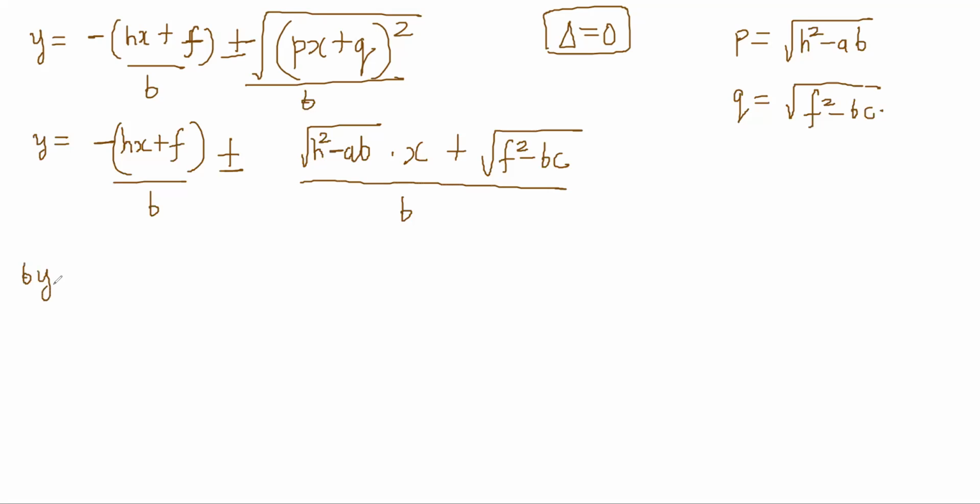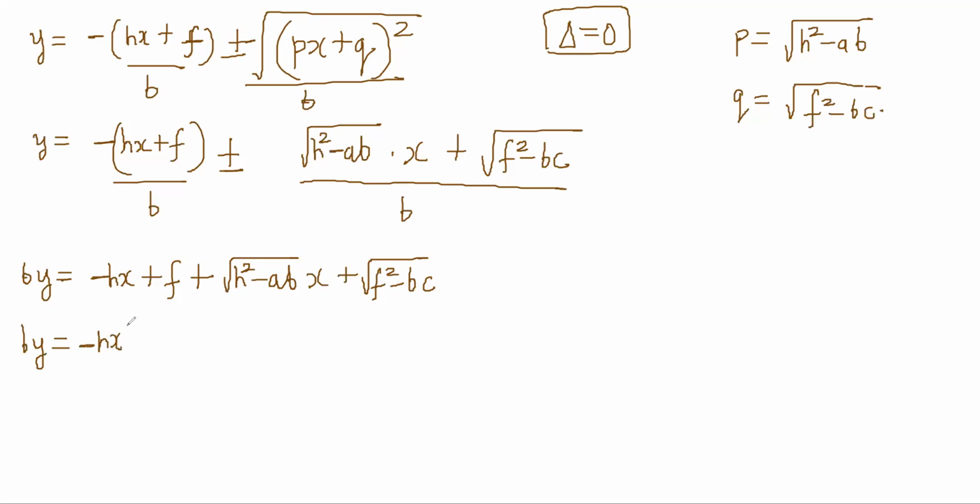So by is equal to minus hx plus f plus root over h square minus ab x plus root over f square minus bc, and the other equation is by is equal to minus hx minus f minus root over h square minus ab into x minus root over f square minus bc.